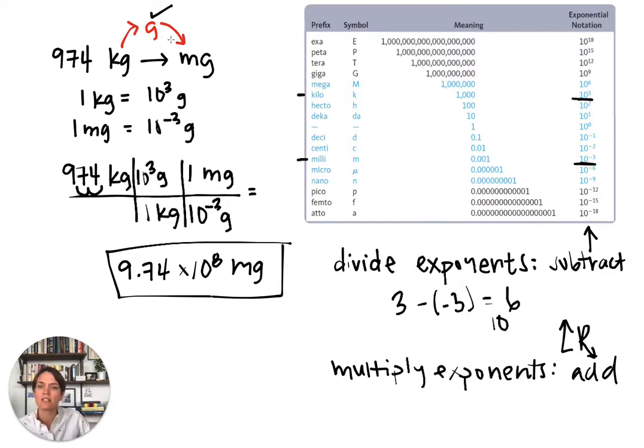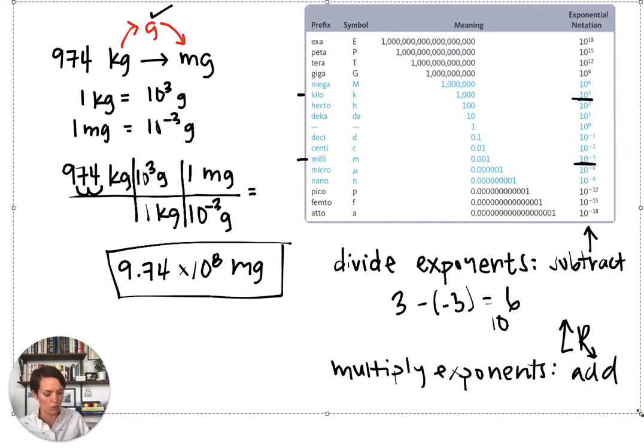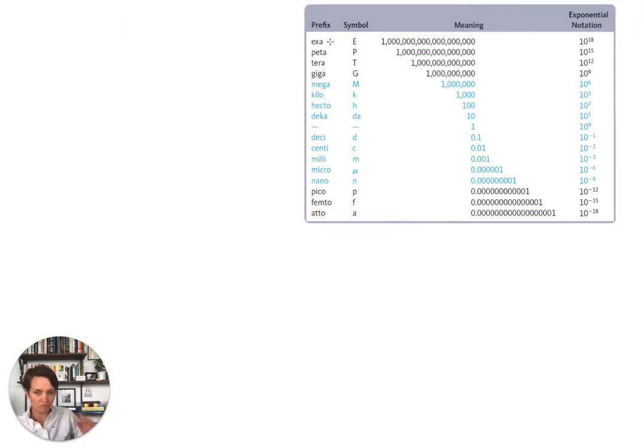Okay, so this is just an example of using a bridge, of getting back to your base unit to work with your exponential notation chart. Okay, so those are all like simple units, but we can also have compound units.